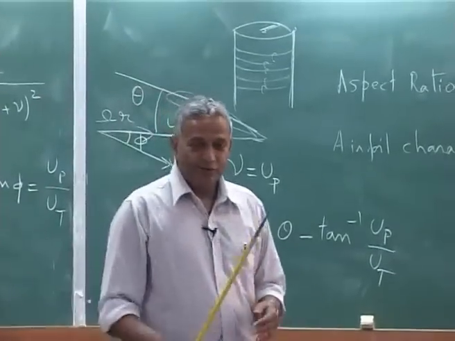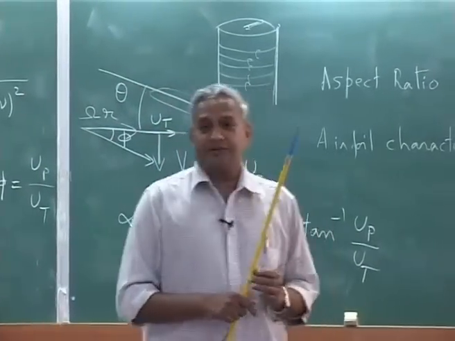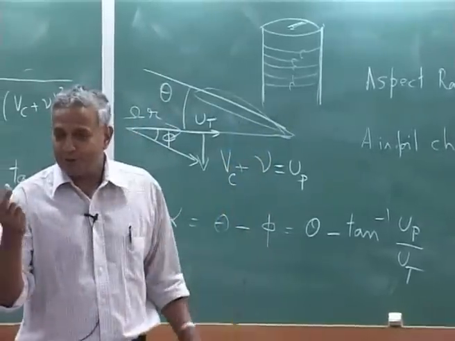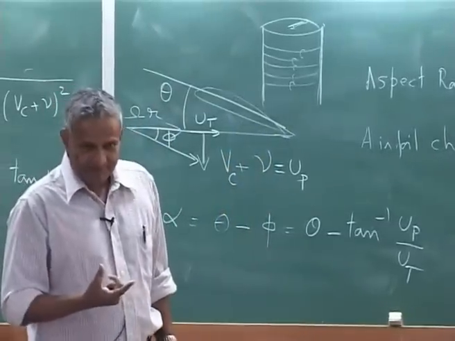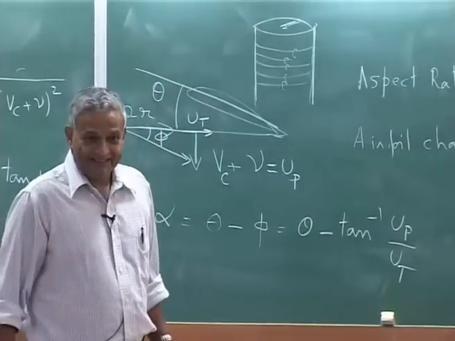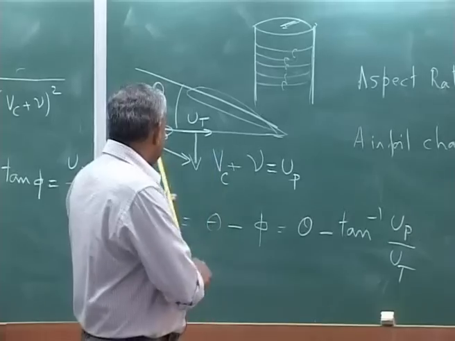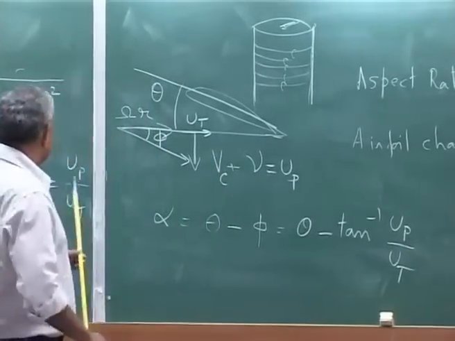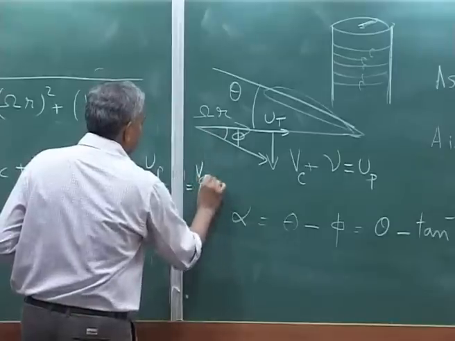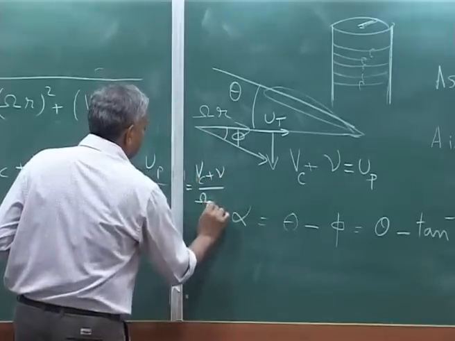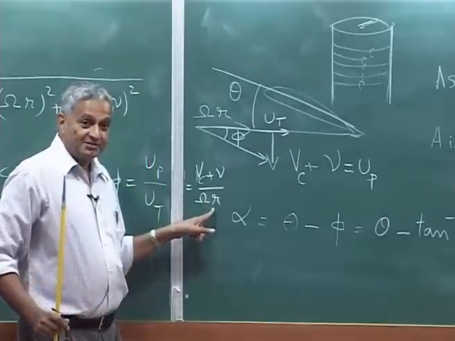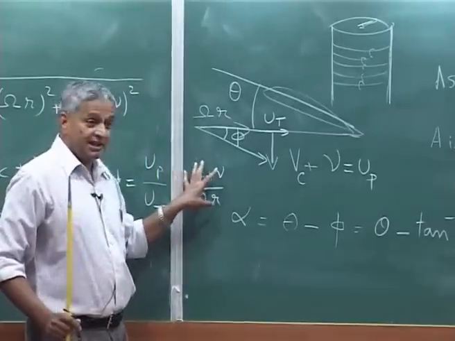Okay. You now make an approximation, because in a textbook form, if I have to give you a closed form solution, computationally you can always take tan inverse, no problem. But you know that as r decreases, this, which is nothing but V climb plus nu over omega r, is very large.